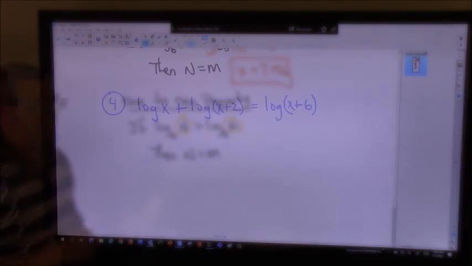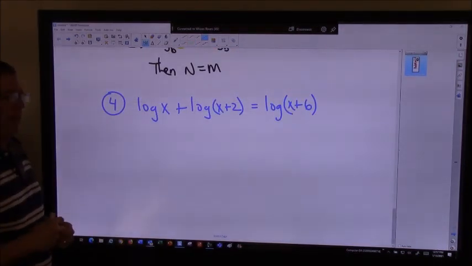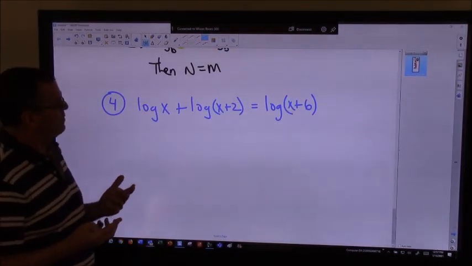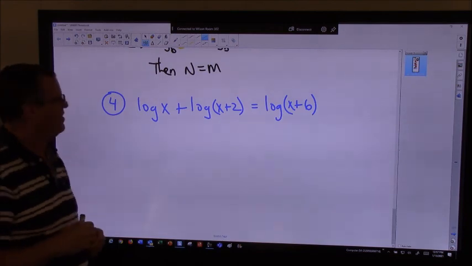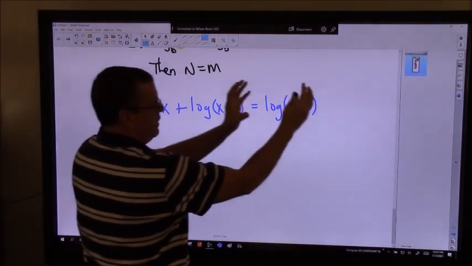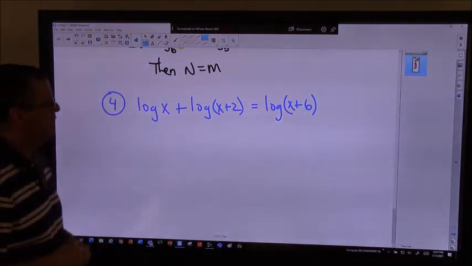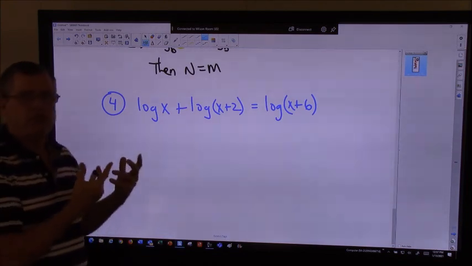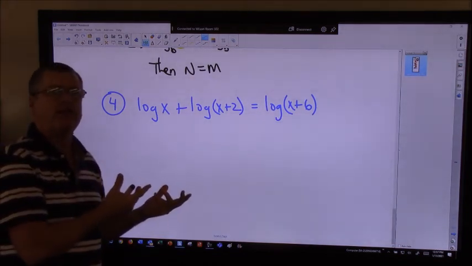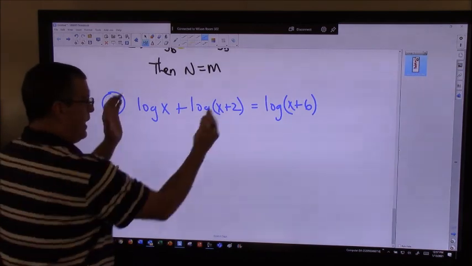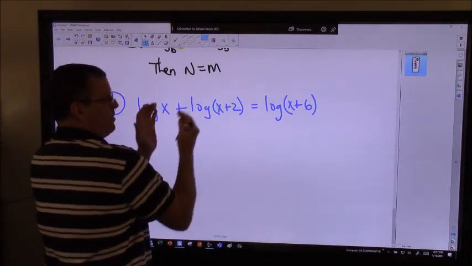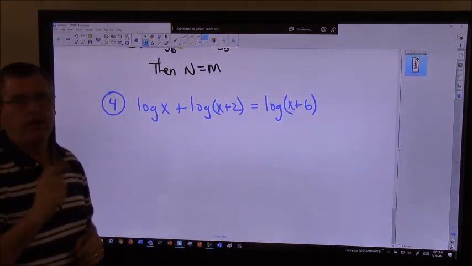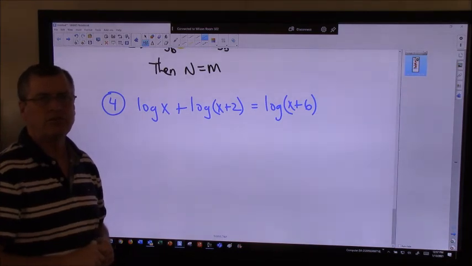Okay, let's do one of those problems. All right, so that doesn't quite look like what I just wrote down, does it? I had a log on one side and a log on the other side. So I guess the question is, if it doesn't look the way that I want it to look, could I make it look that way? Could I condense this down into just one logarithmic expression?